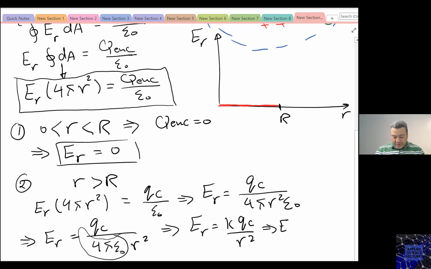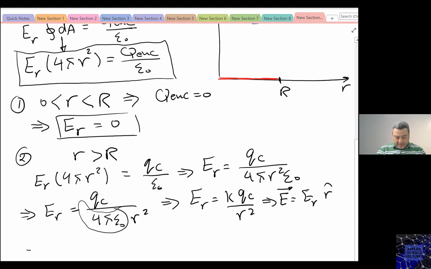As a vector, E equals E_r times r hat, which is K Q_C over r squared r hat.